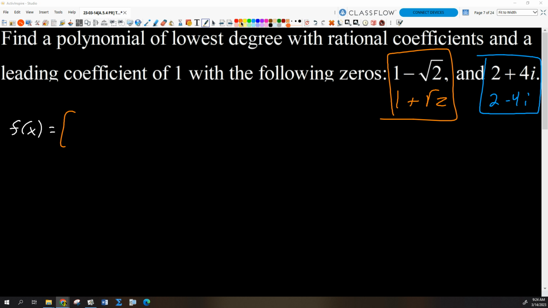In this case, k is going to be that whole thing, right? So I'm going to have x minus the whole 0. So I got to put it in parentheses. X minus the quantity 1 minus the square root of 2 times x minus the quantity 1 plus the square root of 2. Okay, same kind of thing over here, right? If 2, oh, okay, well, we'll get this one later.